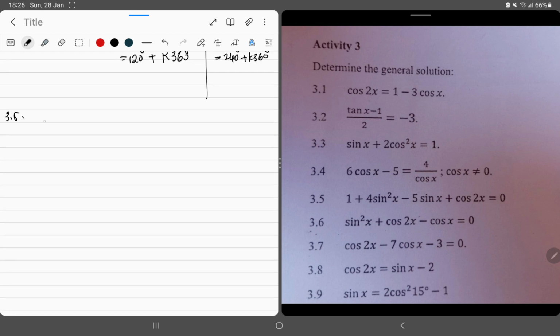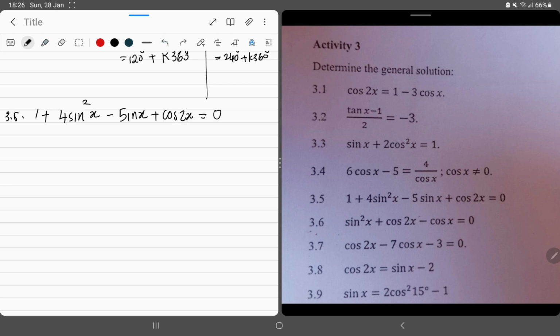3.5. 1 plus 4 sine squared x minus 5 sine of x plus cos 2x is equal to 0. This is the only odd one out.